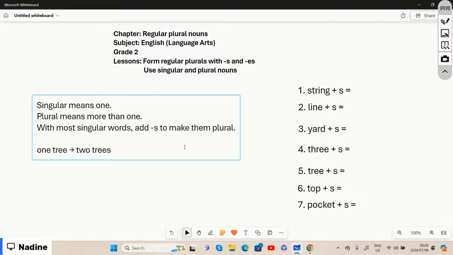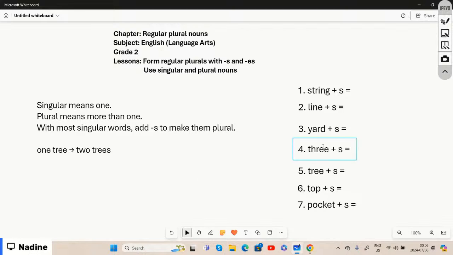All right. So when it comes to regular plural nouns, before we can even go on to plural nouns, we need to first know the difference between singular and plural, right?